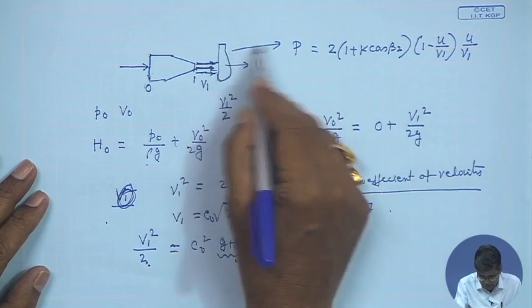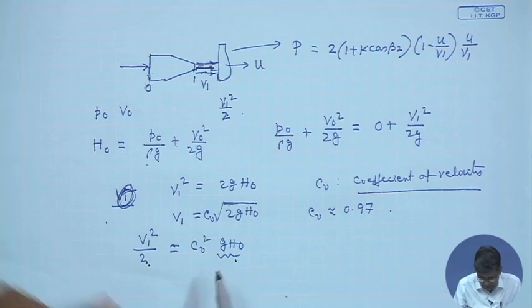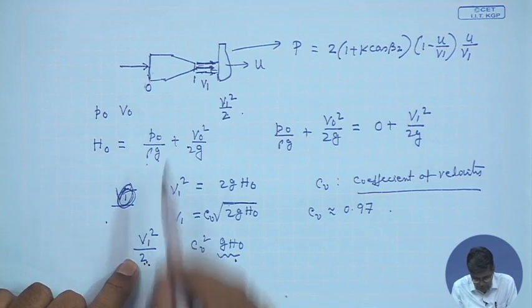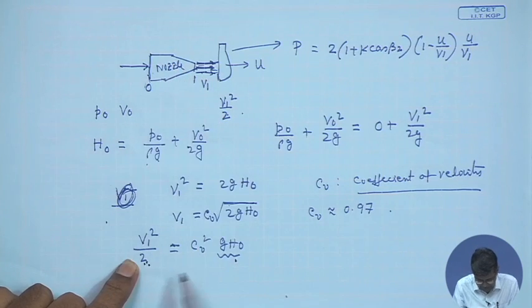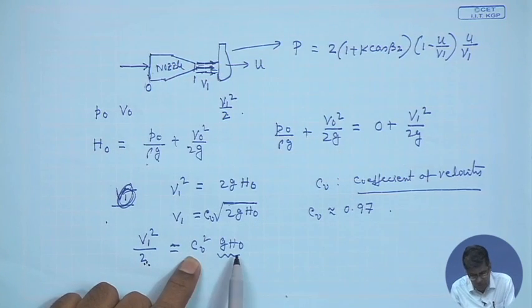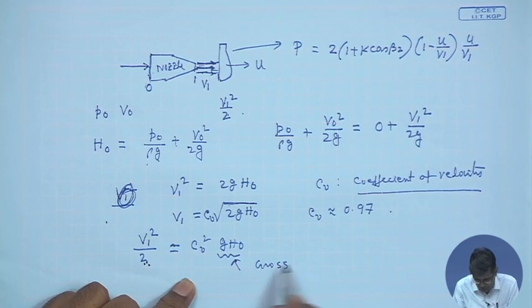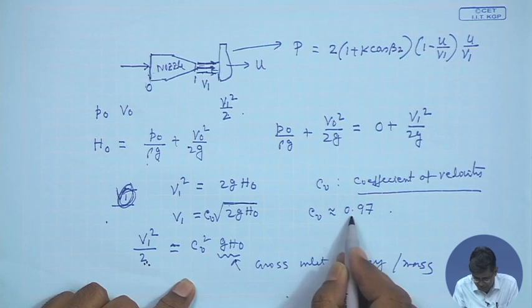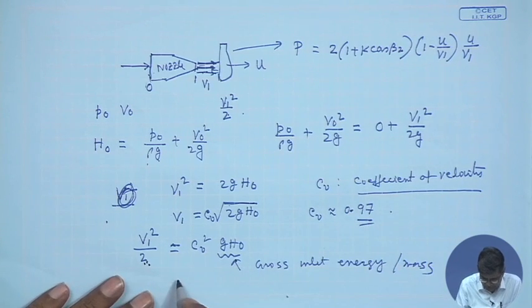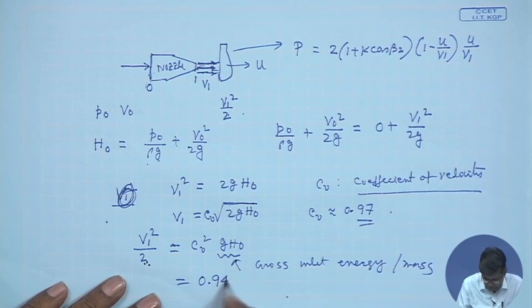This is the power developed by the rotor, this is the energy input to the rotor, and this energy is the output of the stator, that is the nozzle as stator, which is equal to Cv square GH0, the gross inlet energy per unit mass. And considering Cv as 0.97, a typical value, this becomes approximately equal to 0.97 squared, something like 0.94.